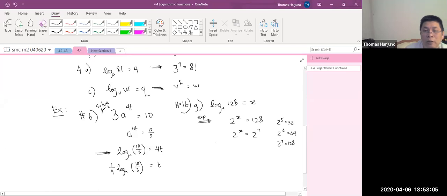Now by one-to-oneness that we learned before, x equals 7, which means log base 2 of 128 is equal to 7.